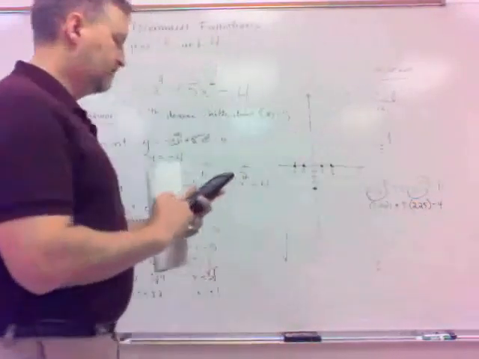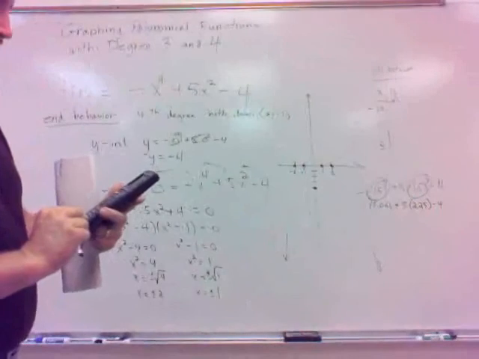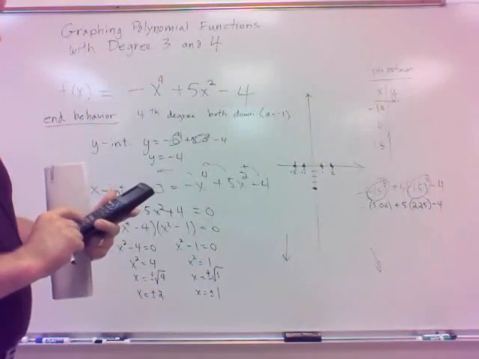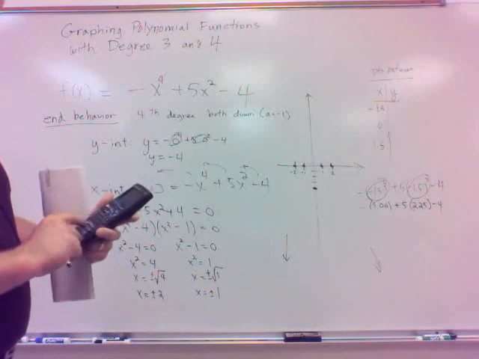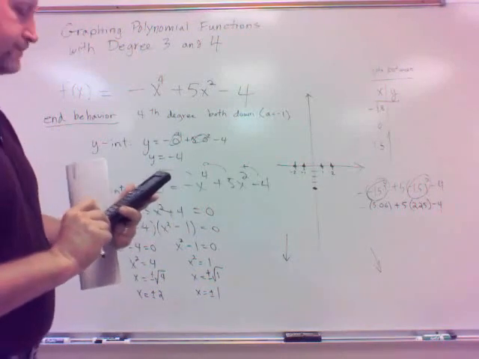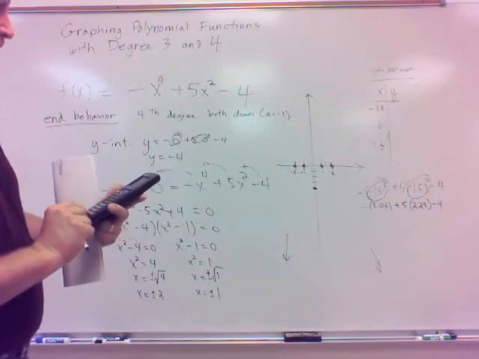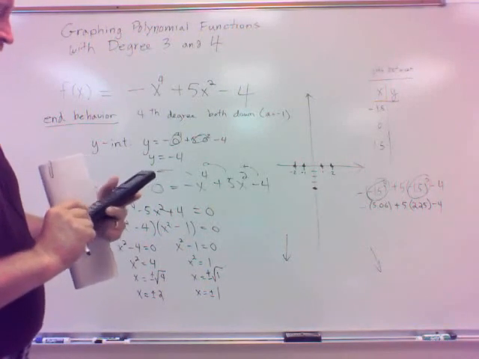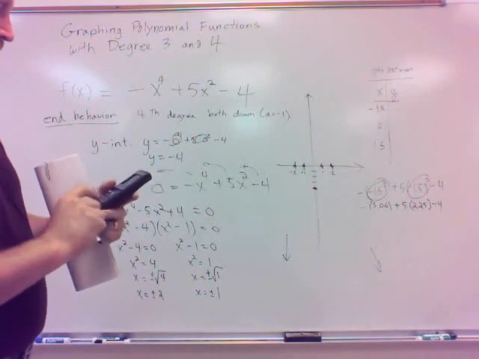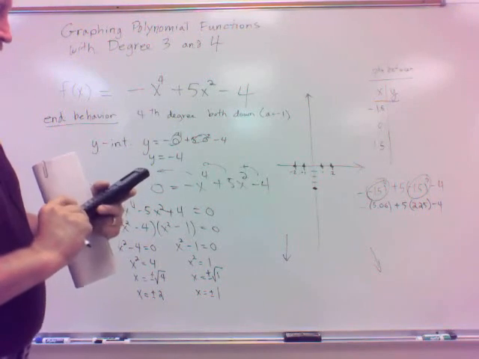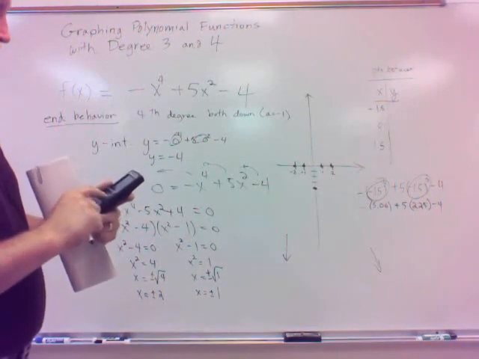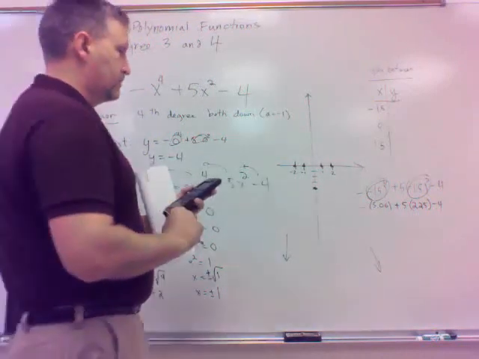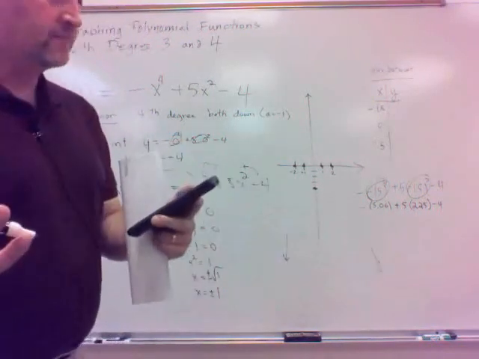So if I do a negative 5.06 plus 5 times 2.25 minus 4, I get, punch it in right, 2.19? Anybody else get 2.19?